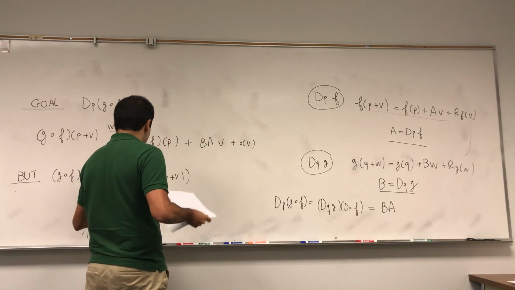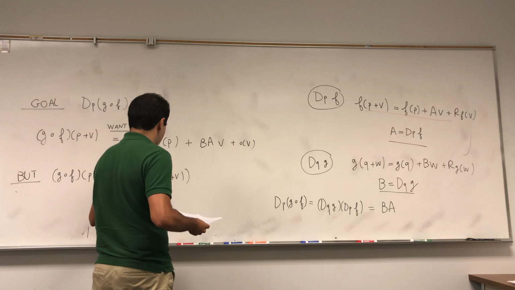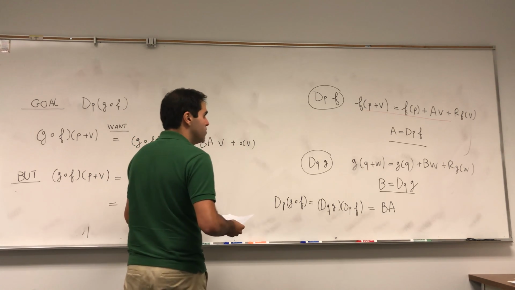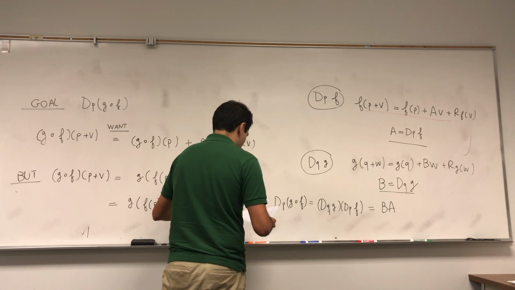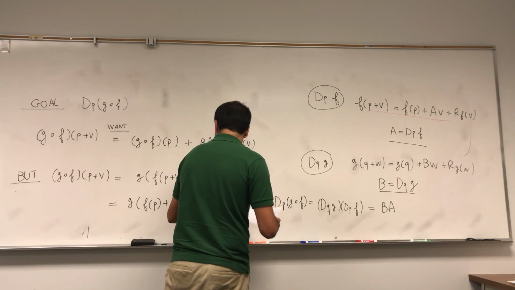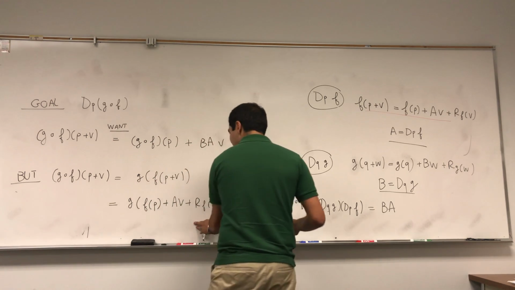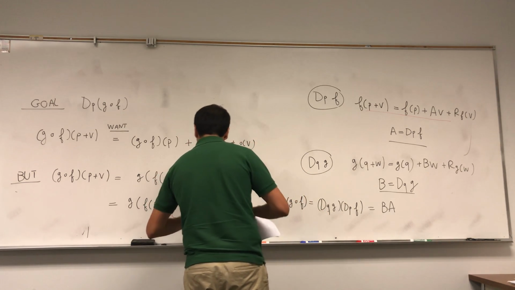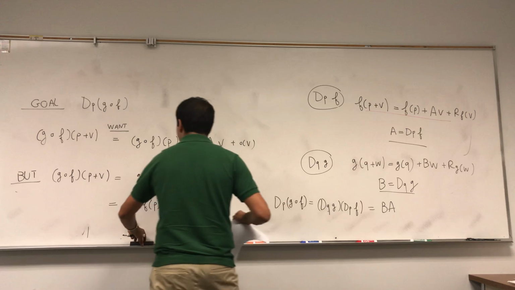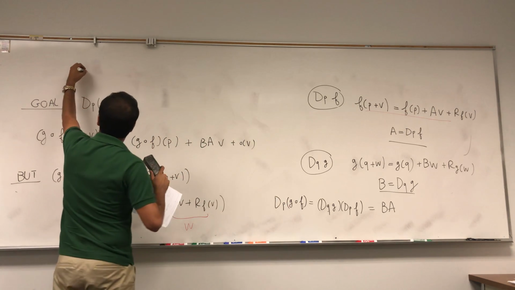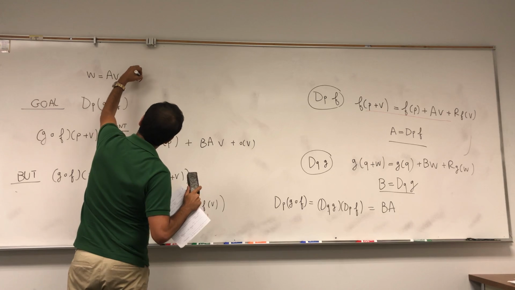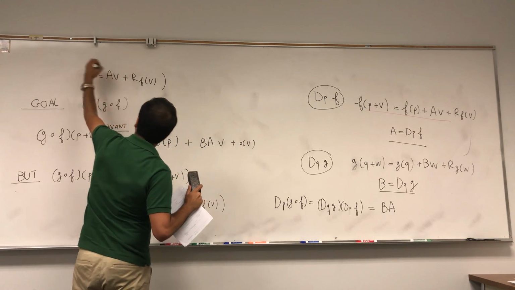So that's g of f of p plus Av plus a remainder term, r f of v. And in fact, this little junk here, let's call it w. So w is Av plus r f of v. We'll need this later.